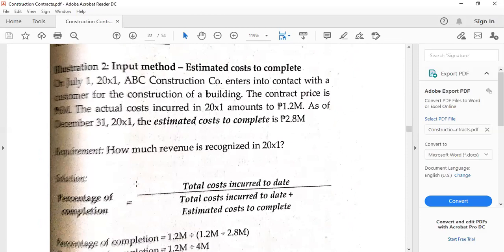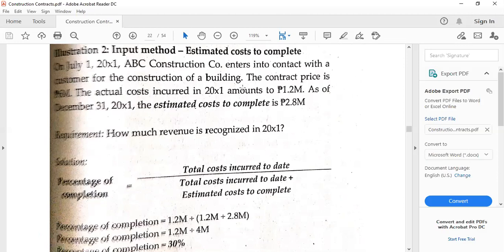Next, illustration 2, input method, where estimated cost to complete is added. So 6 million contract price, actual cost 1.2 and 2.8 for estimated cost to complete. Take note that this is the first year, so the actual cost incurred in the first year would be equal to the to-date costs.